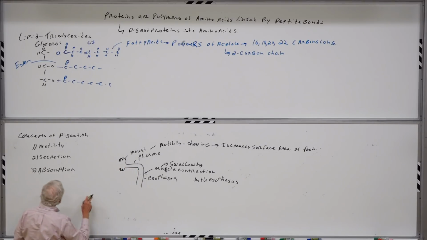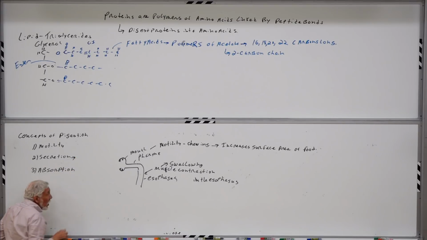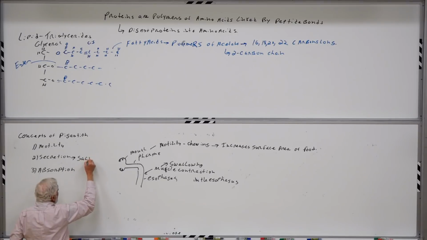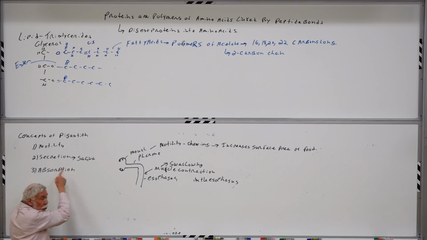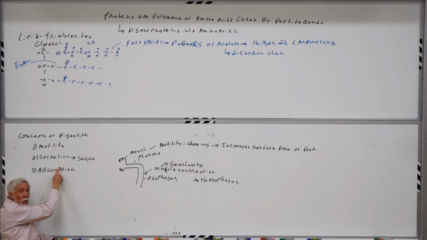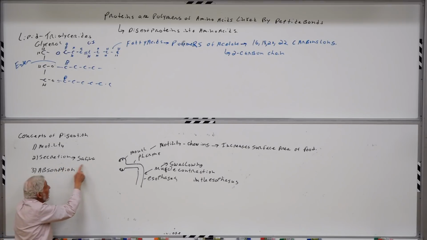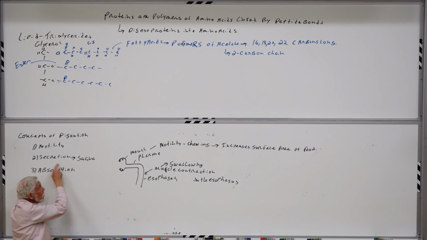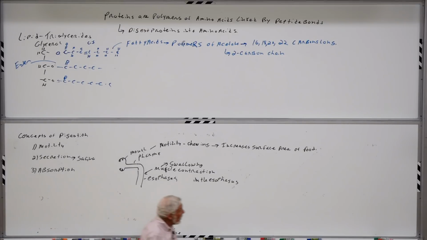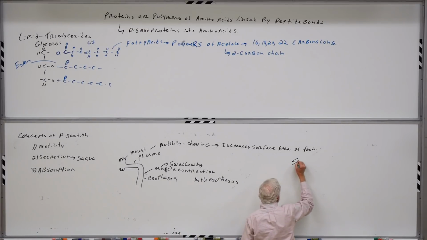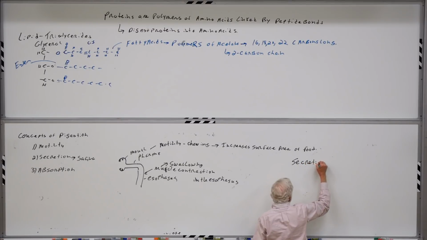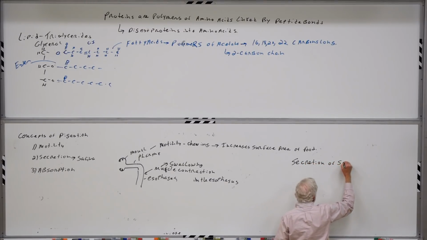But also in the mouth, there is a form of secretion that we're all aware of, and this is saliva. And if you haven't had lunch yet, you may simply think about lunch, and by thinking about lunch, this will begin the salivation process. So I want to spend a moment here talking about secretion of saliva.